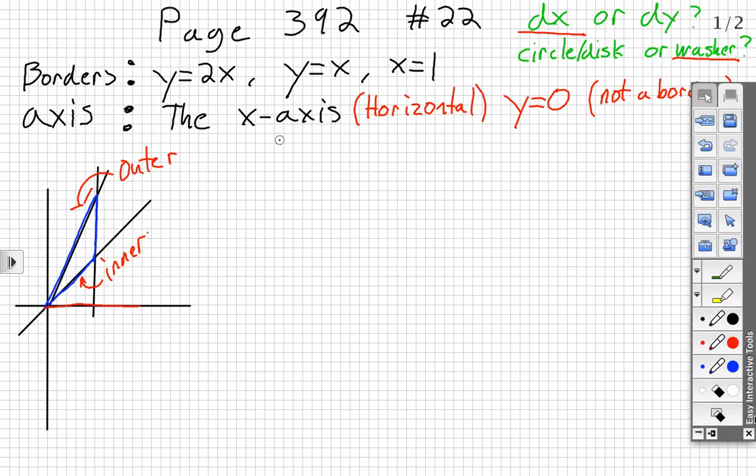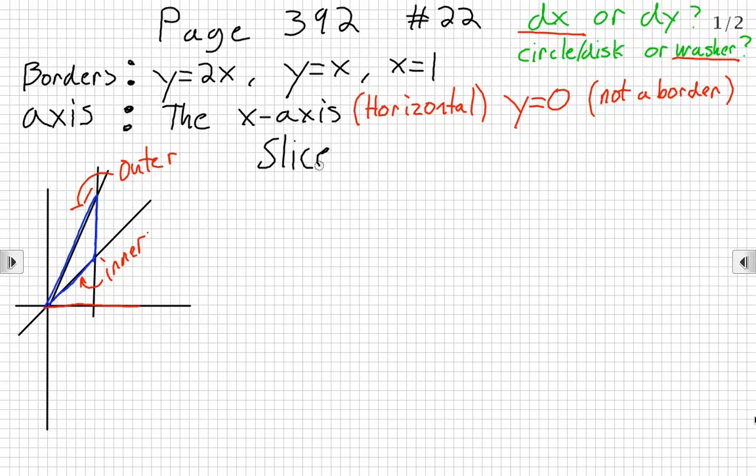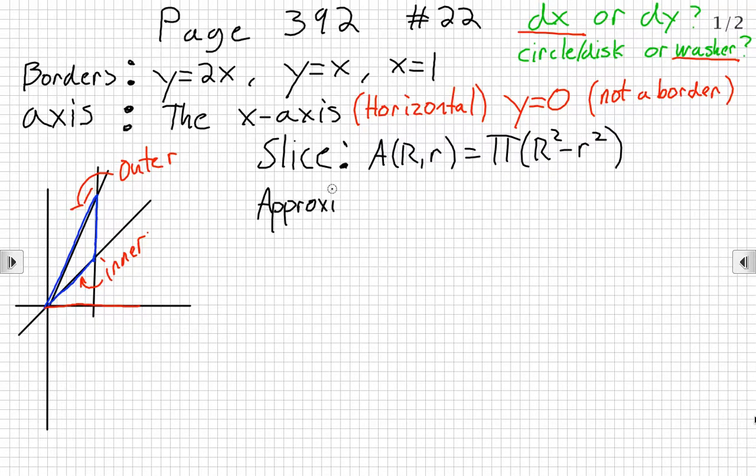We have all the pieces in place to go through our slice, approximate, integrate steps. We've identified washer, so we know that the area of a washer is pi big R squared minus little r squared. For the approximate step, our goal is to rewrite A of big R, little r as A of x.